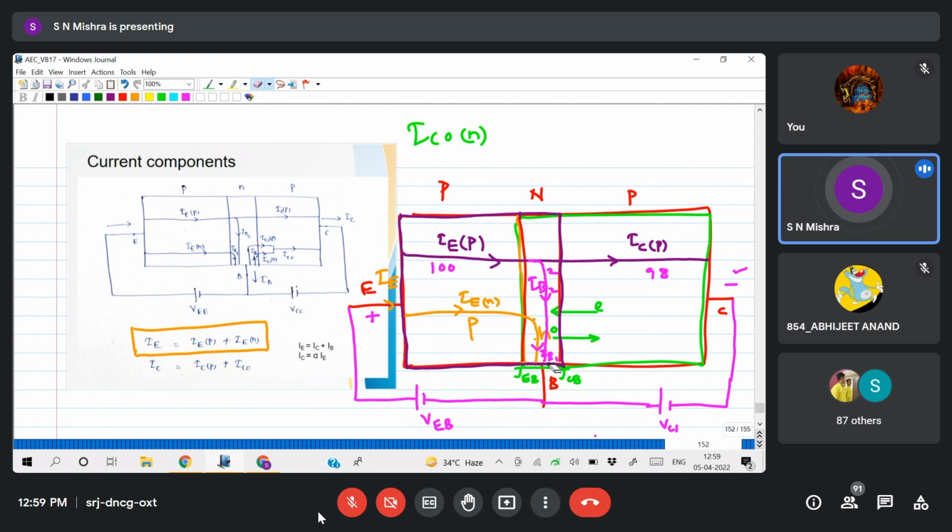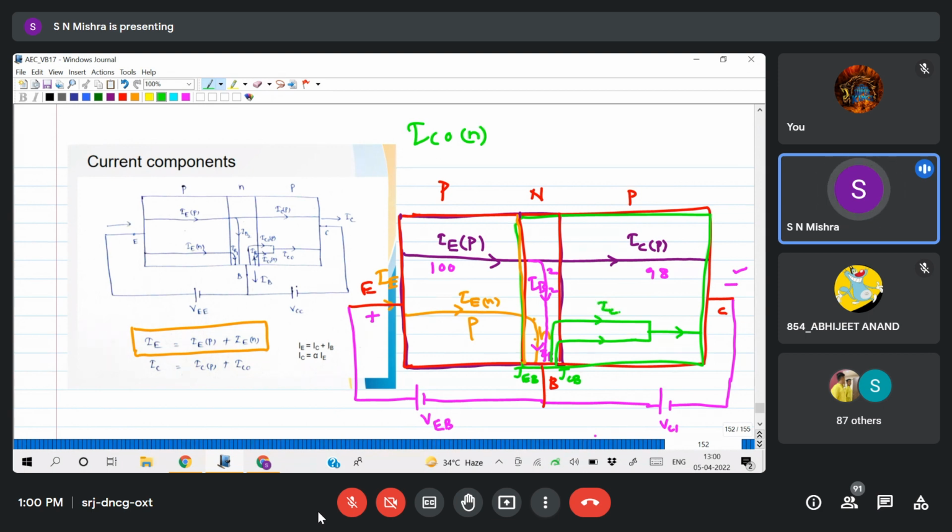So both the current, let me show here. Okay, so both the current is flowing in the same direction.